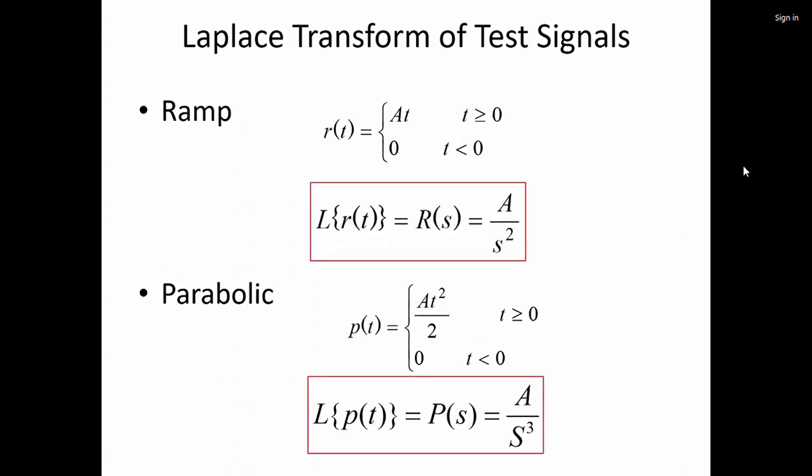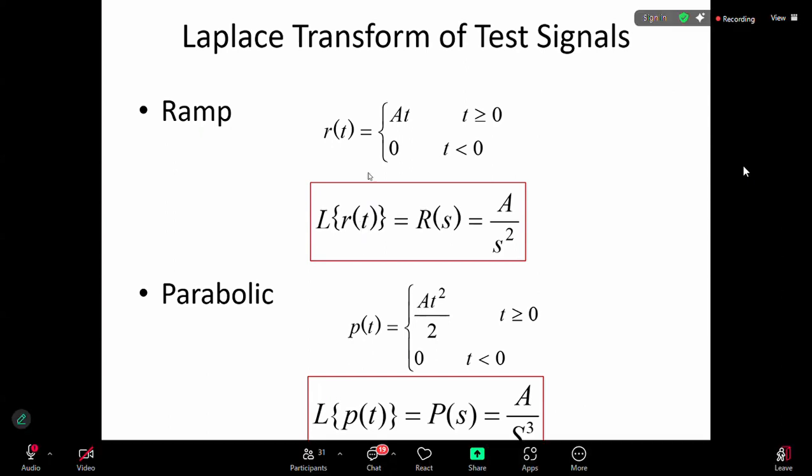Similarly, if you go to a ramp function, the ramp function is represented as you see here. It is A into t when t is greater than or equal to 0, and it is equal to 0 when time t is less than 0. So if you do a Laplace transform of the ramp function, essentially you're doing the Laplace transformation of t, because A is a constant, it comes out of the transformation.